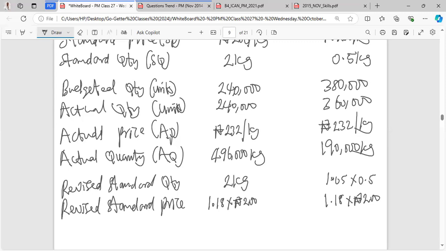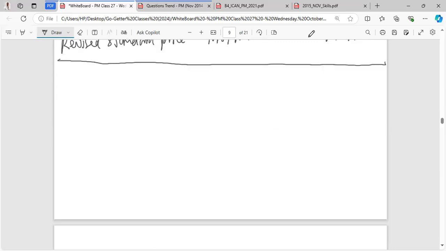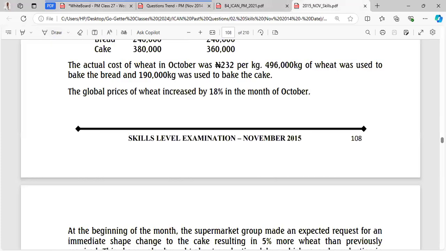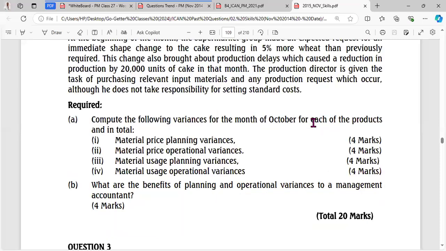Now we have all the data that we need. Now that we have broken it down like this, you will now start taking the whole thing. So we are asked to compute the following variances for the month of October for each of the following products and in total.